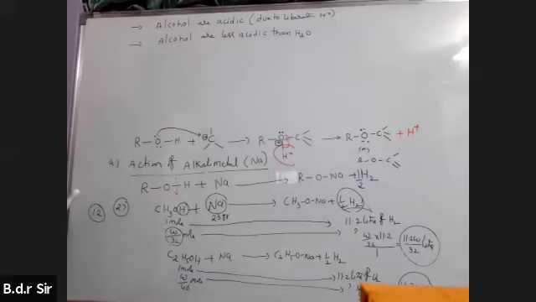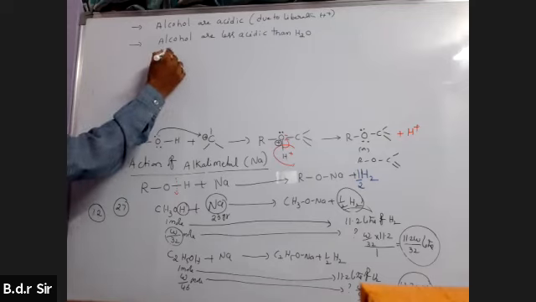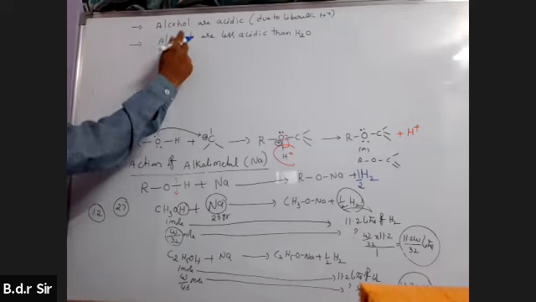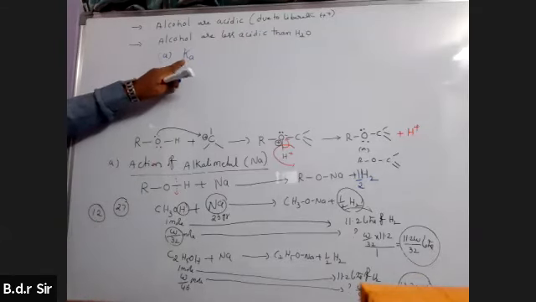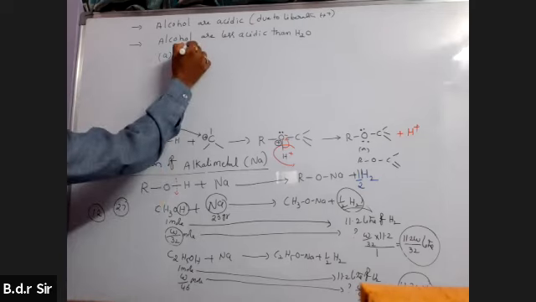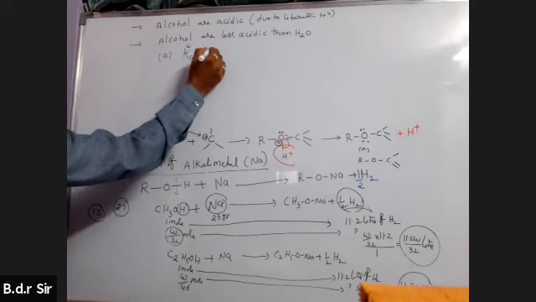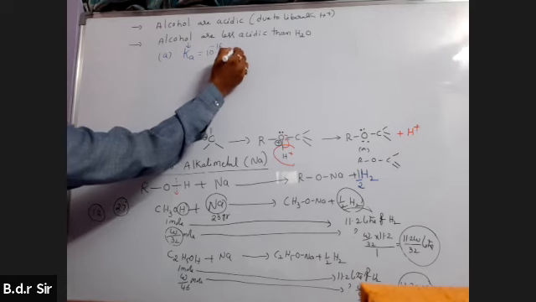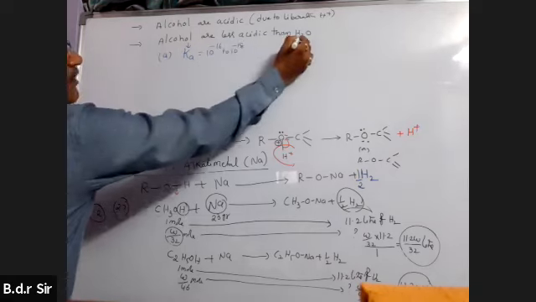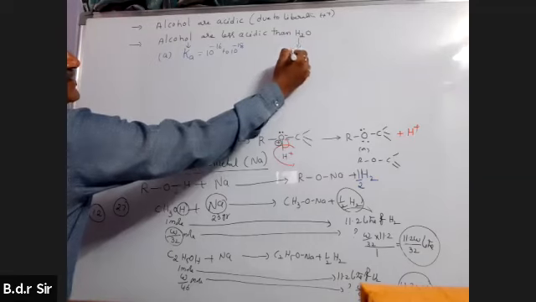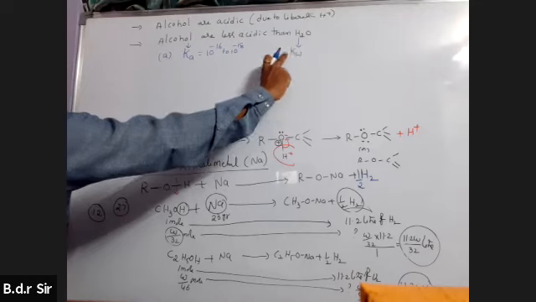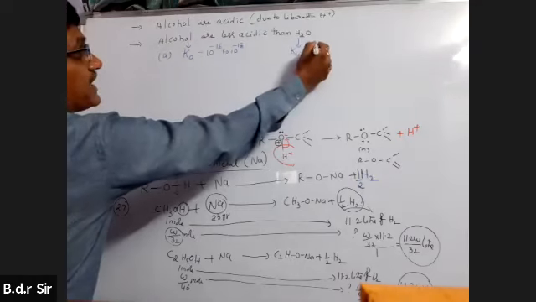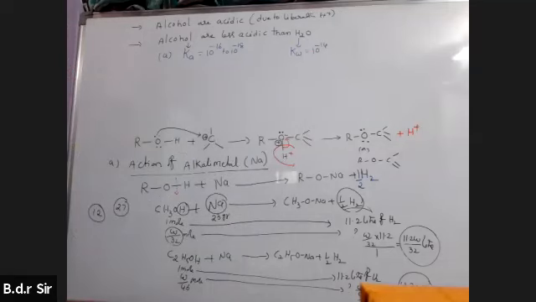What is the reason here? First reason: the alcohol dissociation constant, symbol Ka, is equal to 10 power minus 16 to 10 power minus 18. The water dissociation constant Kw is equal to 10 power minus 14.